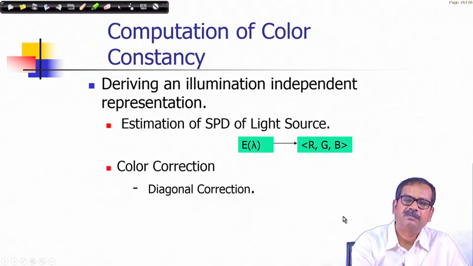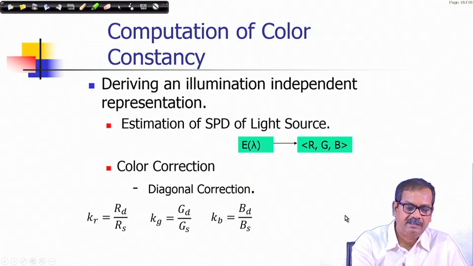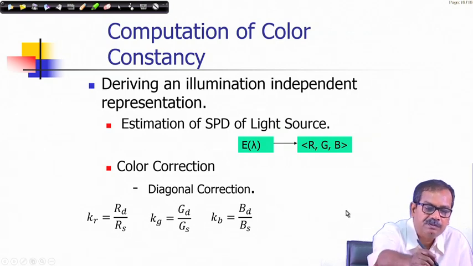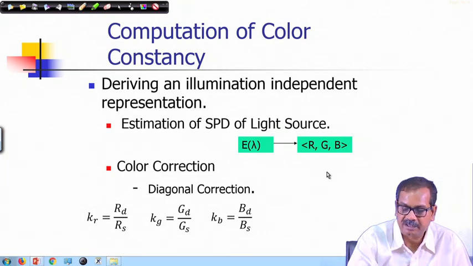There is one method known as diagonal correction, and this diagonal correction is given in this form. Suppose you have a target color, that is the color in the color invariant representation.